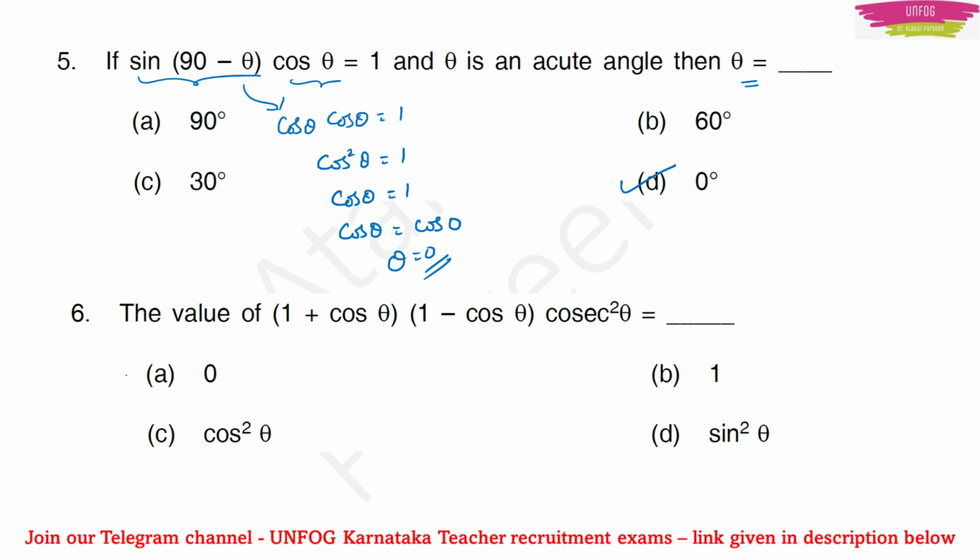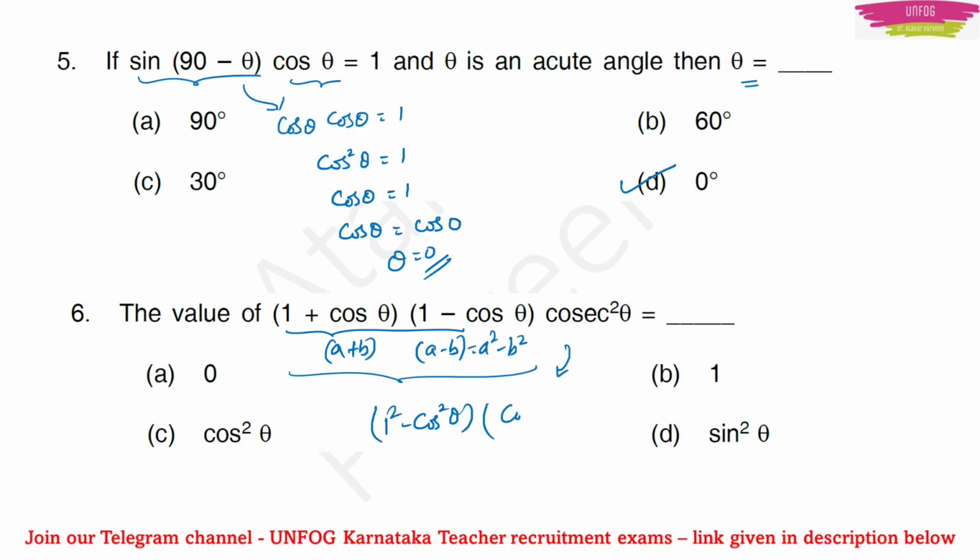Okay. Next, the value of (1 plus cos theta) into (1 minus cos theta) into cosecant square theta. So this is like (a plus b) into (a minus b), right? So this will be equal to a square minus b square. So this whole thing you can write as (1 square minus cos square theta) times cosecant square theta.